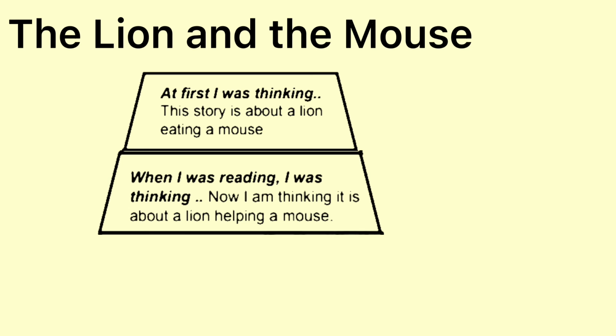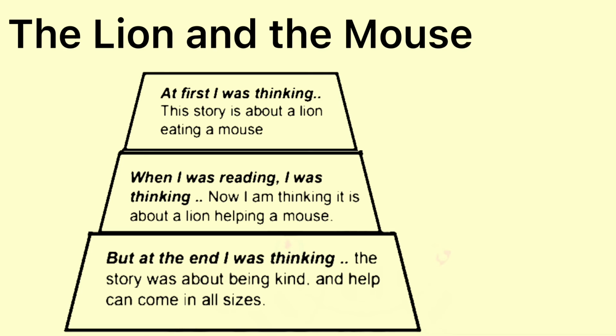But at the end, when you finish reading, I was thinking the story was about being kind, and help can come in all sizes. With all these ideas and information together, you are now forming a synthesis.